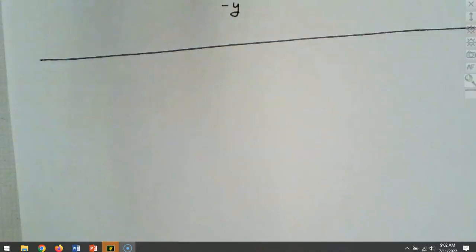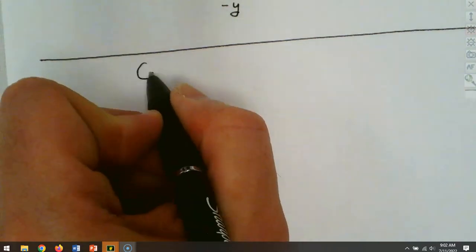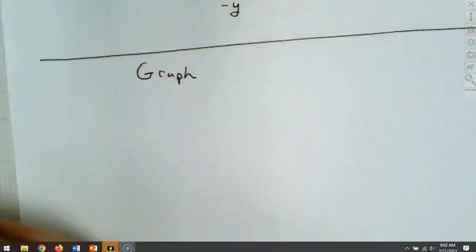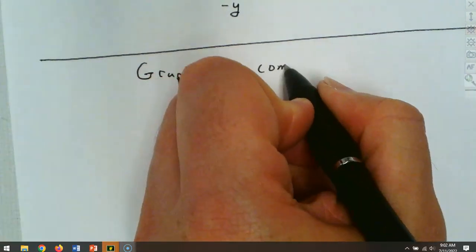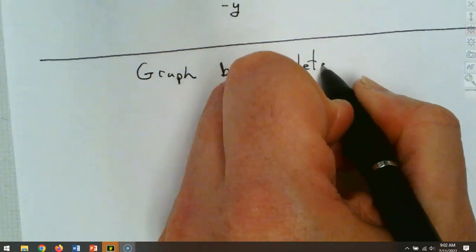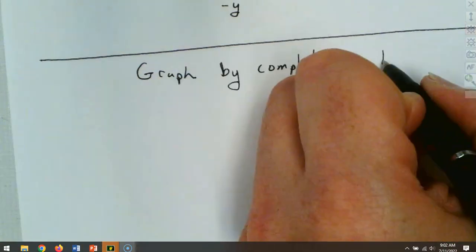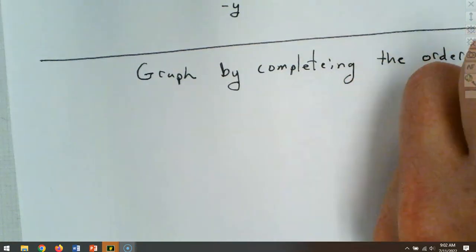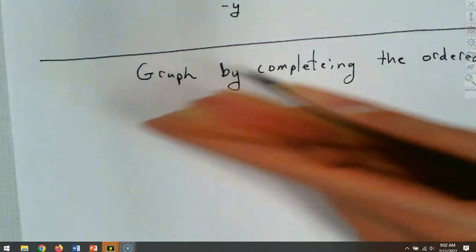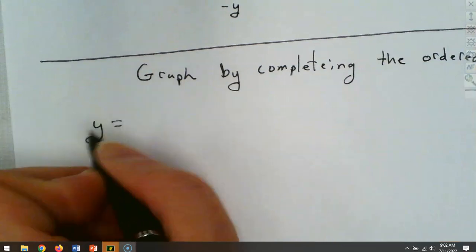So we're going to go ahead and graph this equation by completing the ordered pairs. We'll start off with something pretty easy. So we'll do 2 of these.